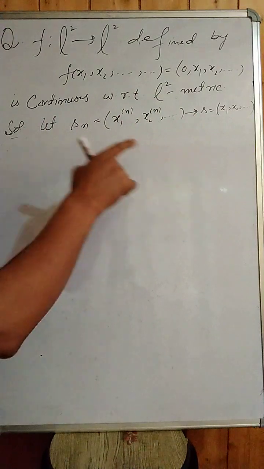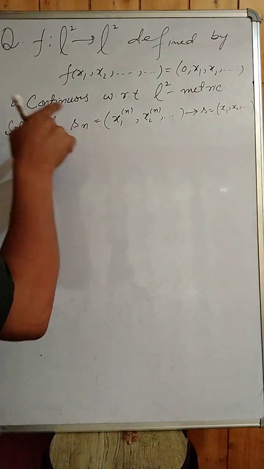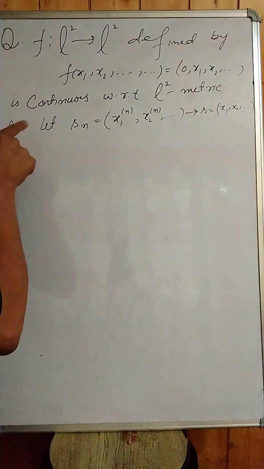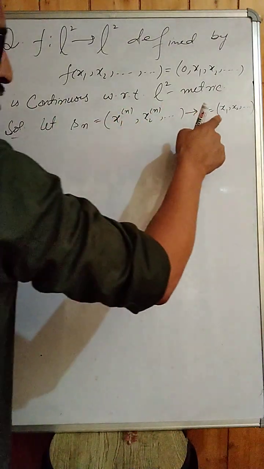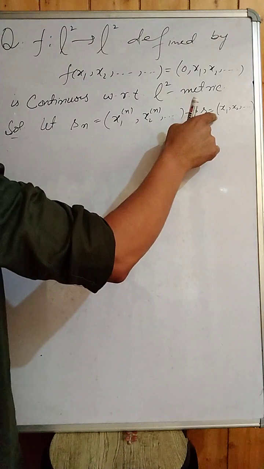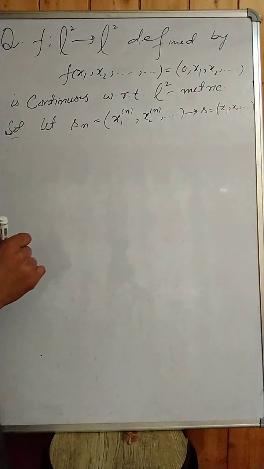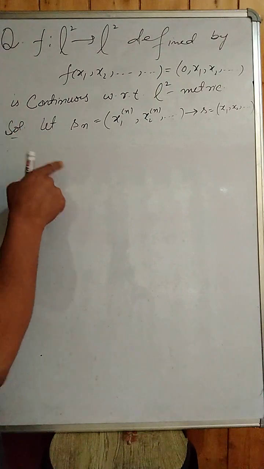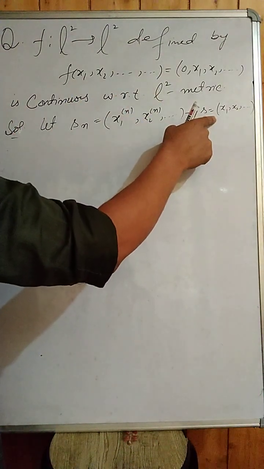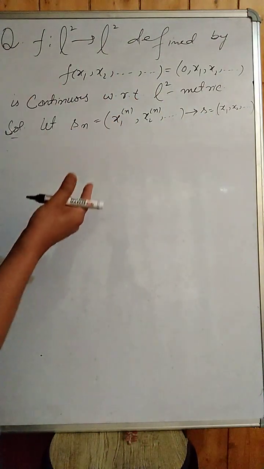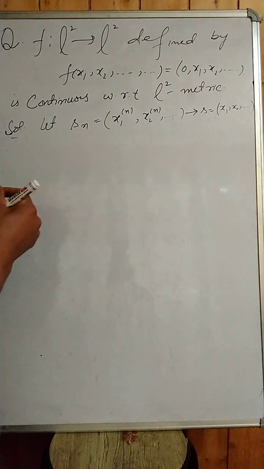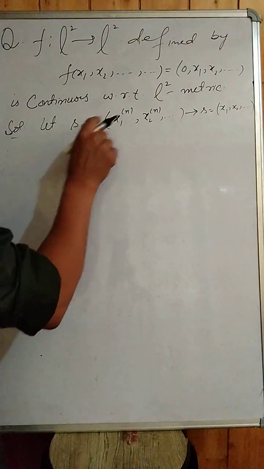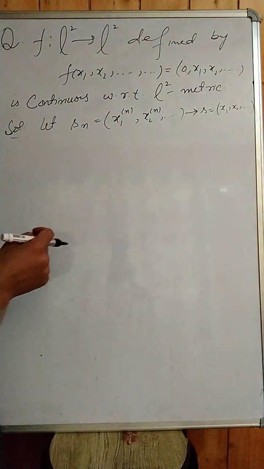So if we have to go through the sequential approach, that means we have to take any sequence which converges to this, for example, this is some fixed number in L2. That means we have to take every sequence which converges to this and their images also converge. That means we have to prove that f of Sn converges to f of S.